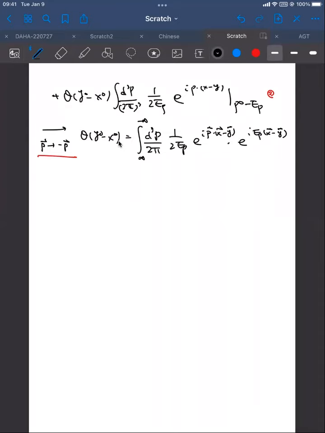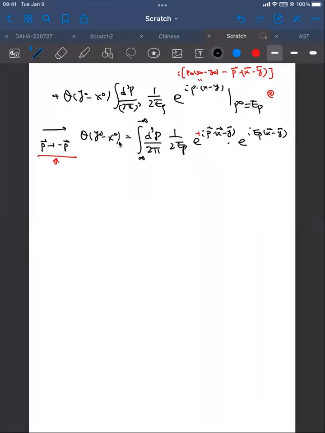It used to be a minus sign, but due to this change we now have a plus sign here.